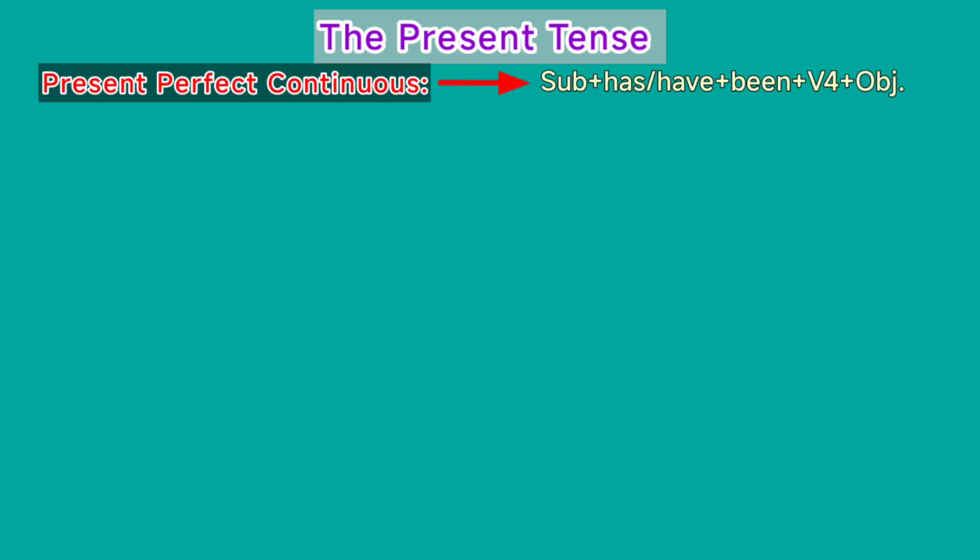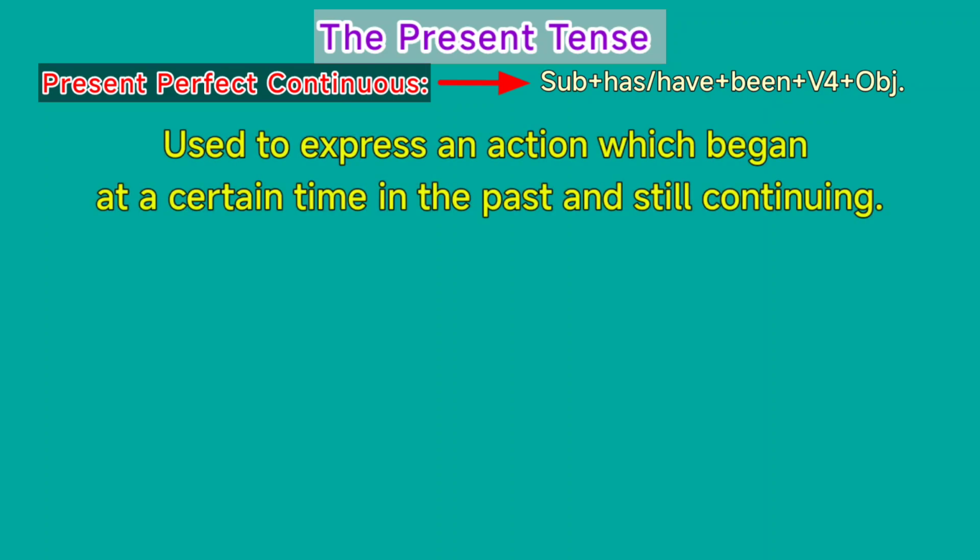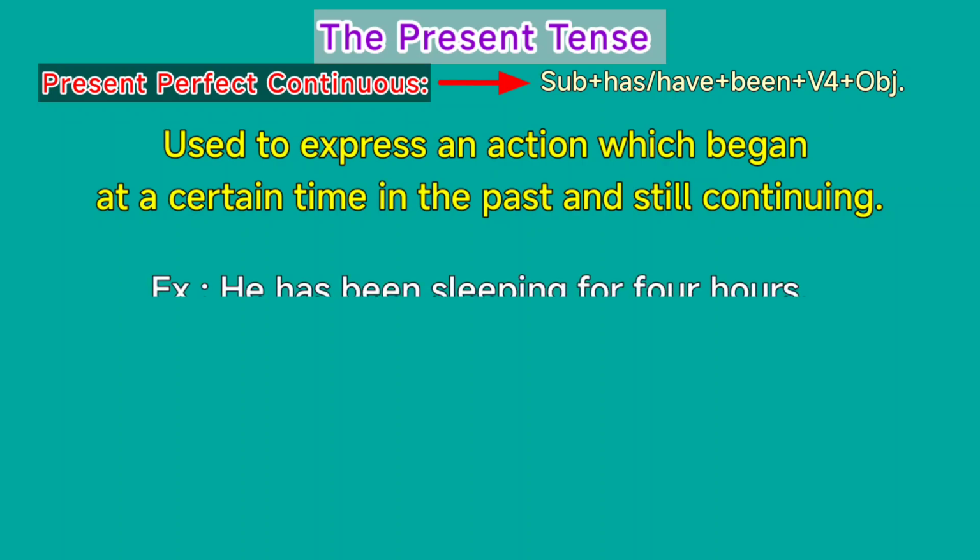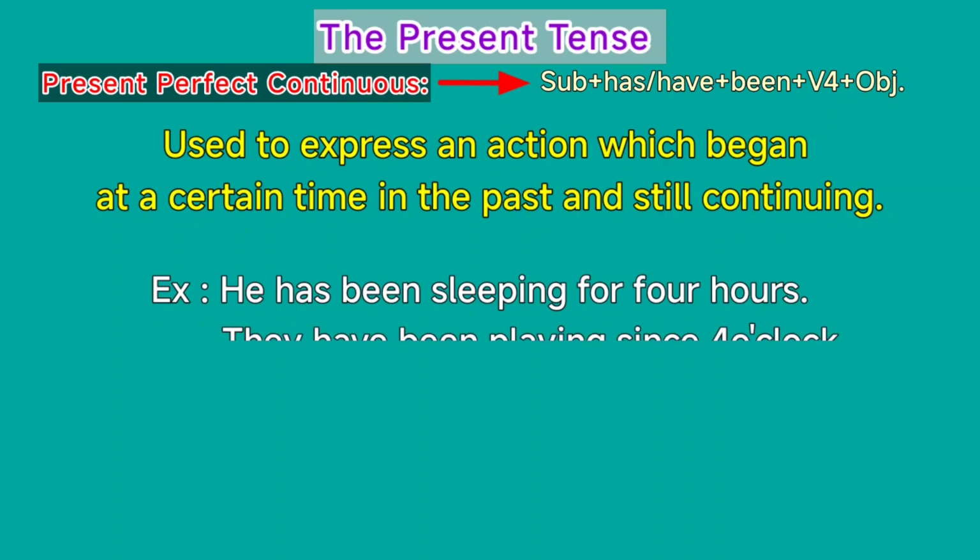So the last division of the present tense is present perfect continuous tense. The present perfect continuous tense is used for an action which began at a certain time in the past and is still continuing. Actually, the action started in the past at a certain time and still it is going on. Such things we can express in present perfect continuous tense. He has been sleeping for 4 hours. Or they have been playing since 4 o'clock.